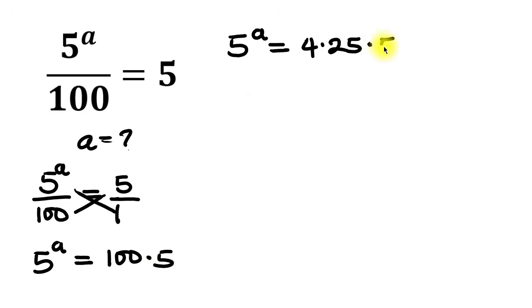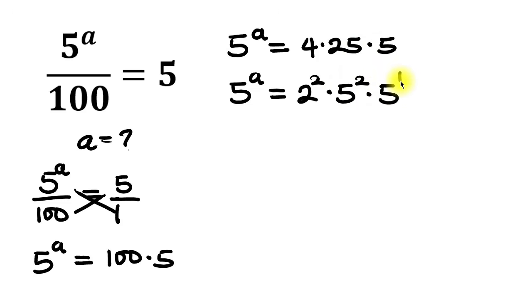Now this becomes 5 to the power of a equal to 4, which is a perfect square, which means it can be written as 2 squared, times 25 is also a perfect square, which means it can be written as 5 squared. And then we have times 5 raised to the power of 1.